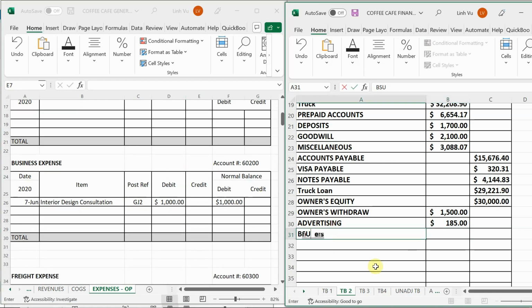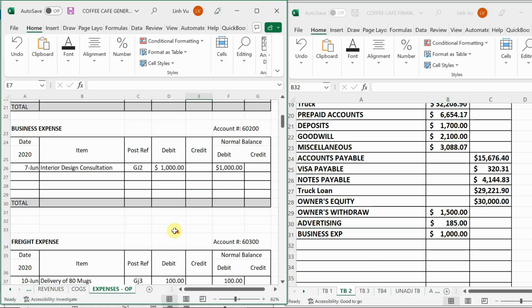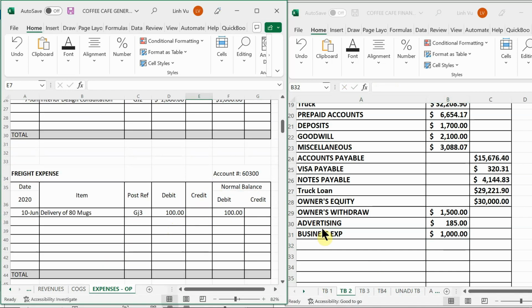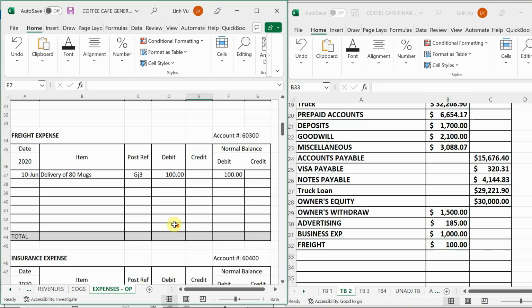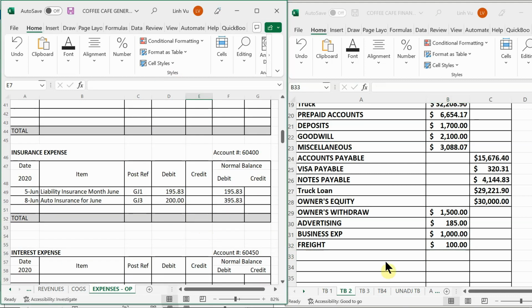That one was from before, okay, for that $1,000 consultation, okay. This time, I actually have freight expense, right? I did make a purchase of inventory, right? That had incurred a freight expense for $100, okay?